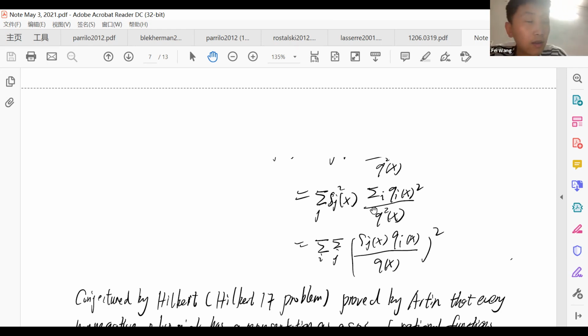So q(x) is the greatest common divisor, the GCD, of all these denominators.